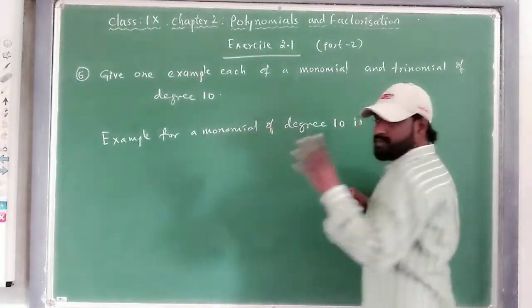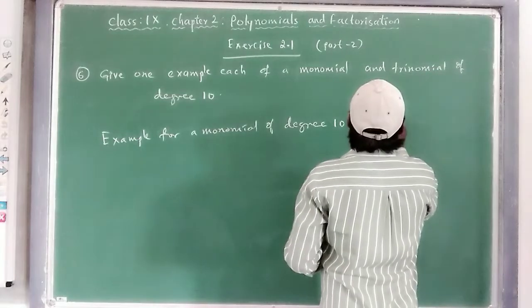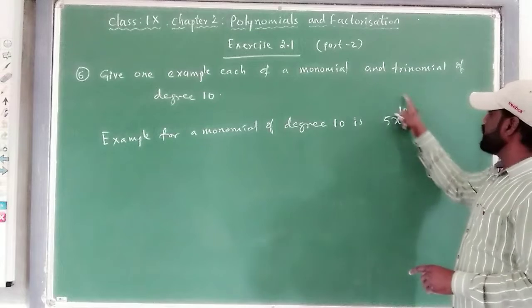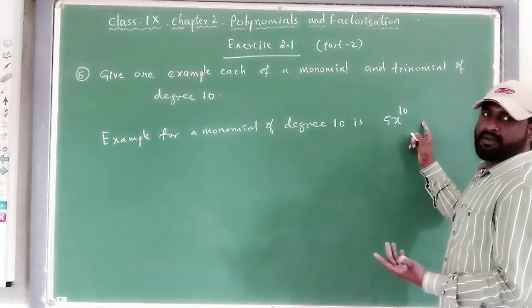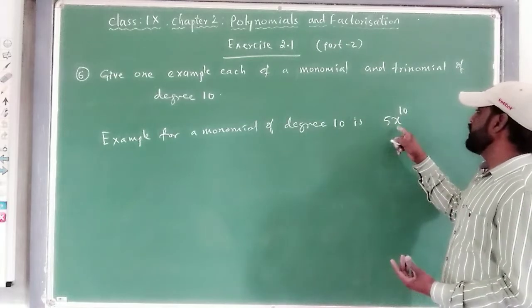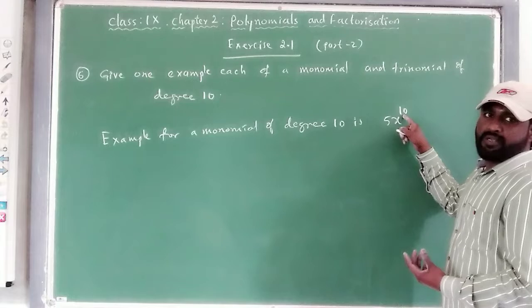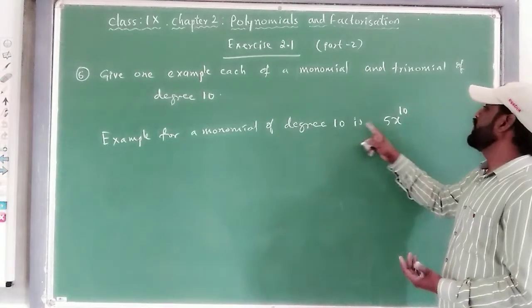A monomial is only one term. So I am using 5x to the power of 10. There is only one term, there is no plus or minus connected with another term. The variable which I am using, x, its exponent is 10. So it is an example of a monomial of degree 10.